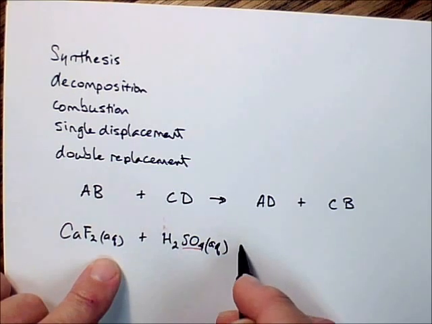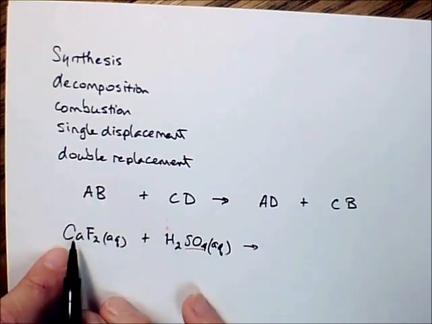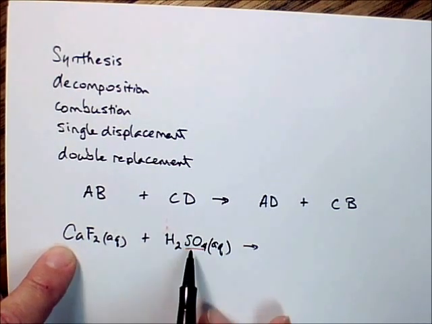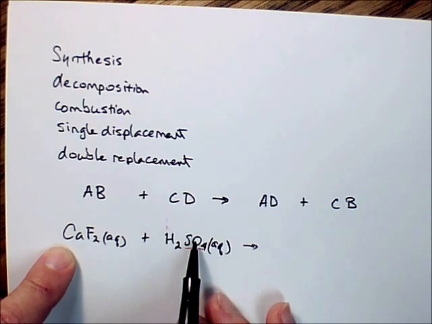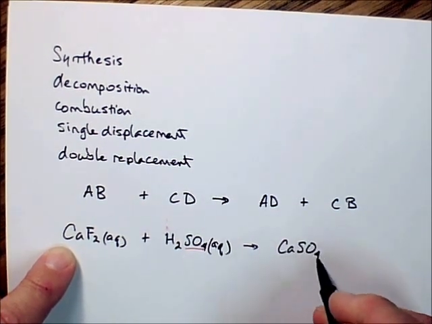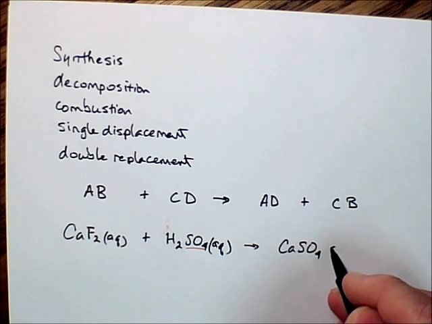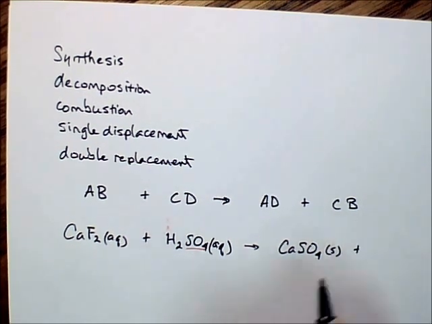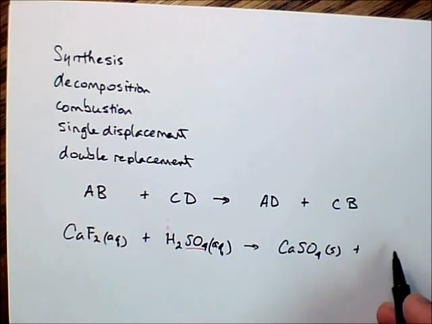So when we move things around, remember A went with D. This is the A part that's going to go with the D part. The front part of this is going to go with the back part of this. The front part of this, the H part, goes with the back part of this.